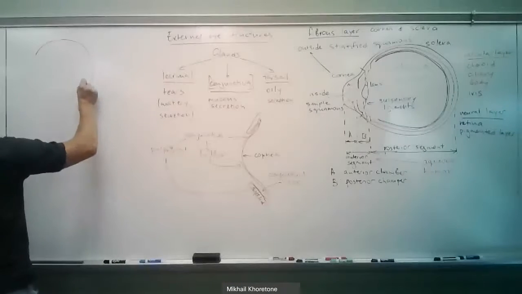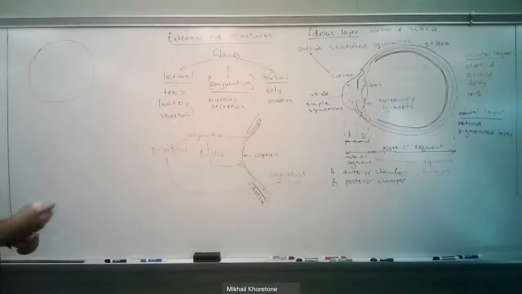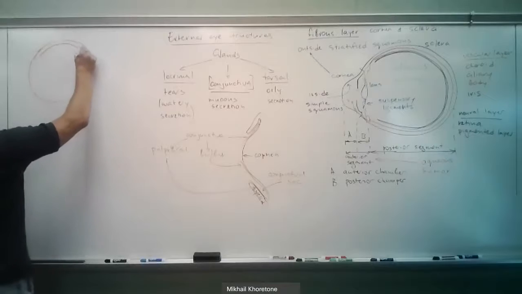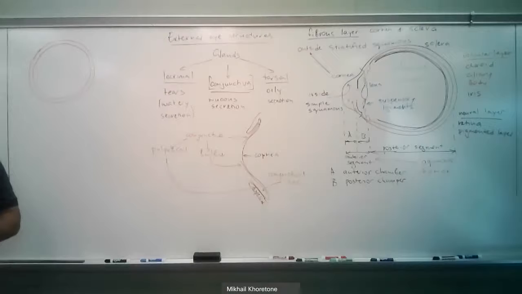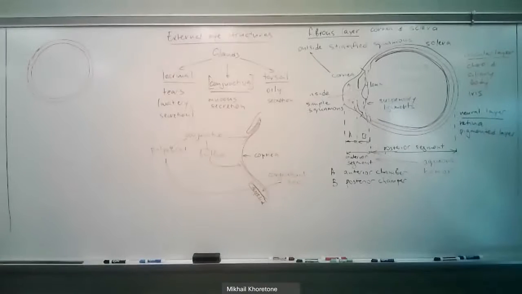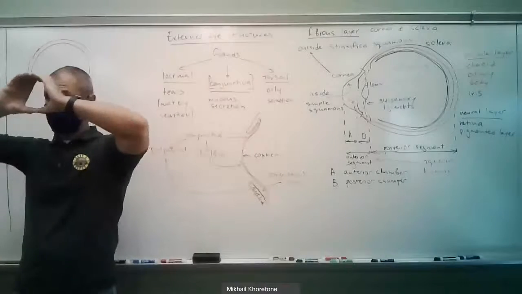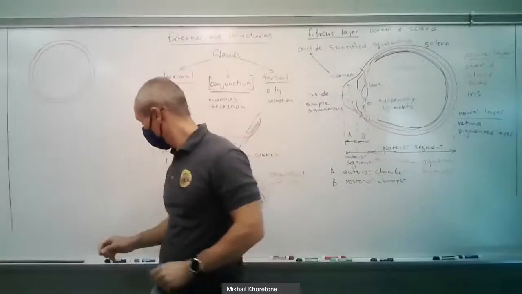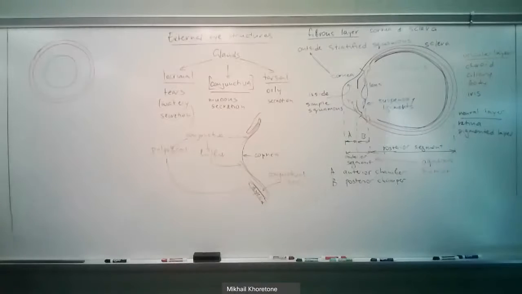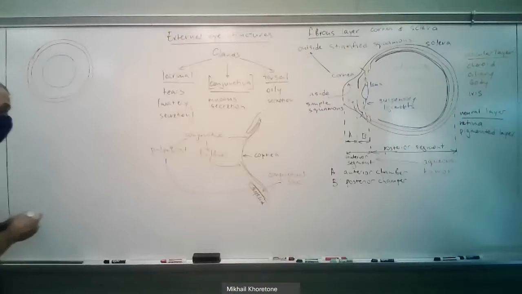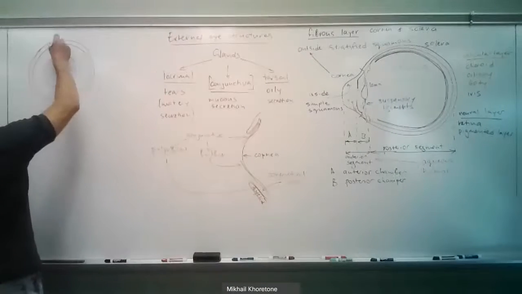Inside of the ciliary body, you're going to find a circular ciliary muscle. Can you see that circle? Good. In the center, there's the lens. And the lens is attached by the suspensory ligaments.